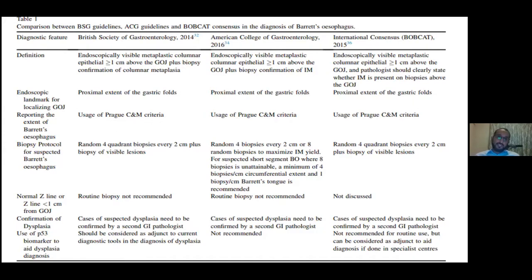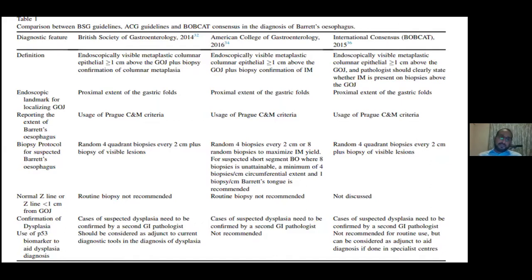In the British, visible metaplastic columnar epithelium of 1 centimeter or more above the OG junction, plus biopsy confirmation of columnar metaplasia. In the American guideline, visible metaplastic columnar epithelium of 1 centimeter or more above the OG junction, plus biopsy confirmation of intestinal metaplasia.